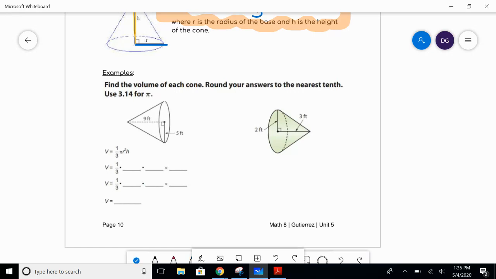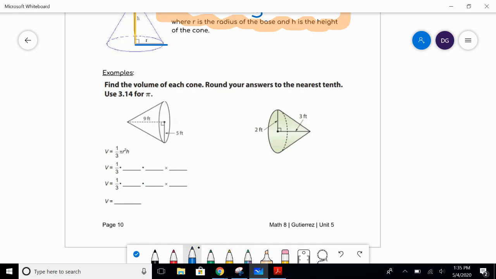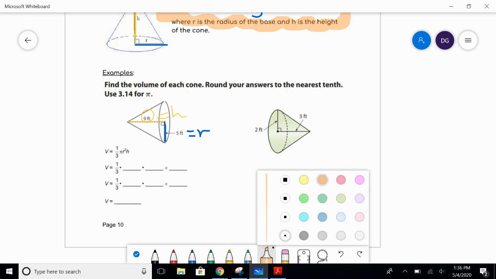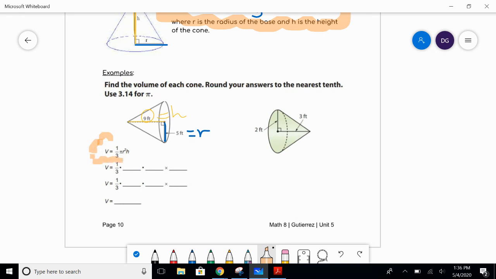So in this example right here, our radius is 5. So that's our r, right? And our height is 9. So that is our h. And what we want to do is look at this formula again. V is equal to 1/3 pi r squared times h, and just plug in what we know.